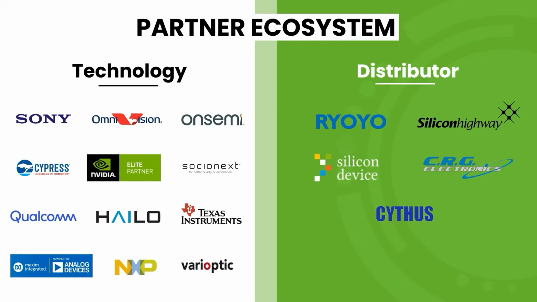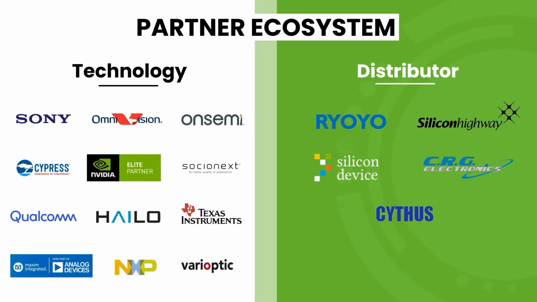Econ Systems has a very strong partner ecosystem to provide complete embedded vision solution. We are working closely with technology partners like Sony, OmniVision, and Onsemi for image sensors. Our CPU partners are NVIDIA, NXP, Qualcomm, TI, and our interface partners include Cypress, Maxim, and a few others.